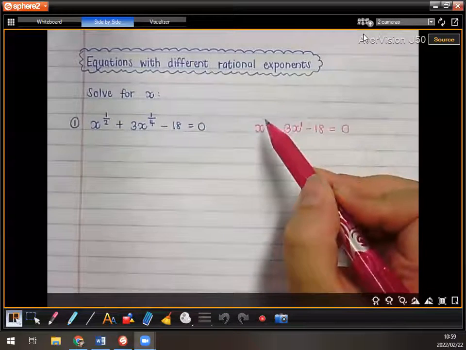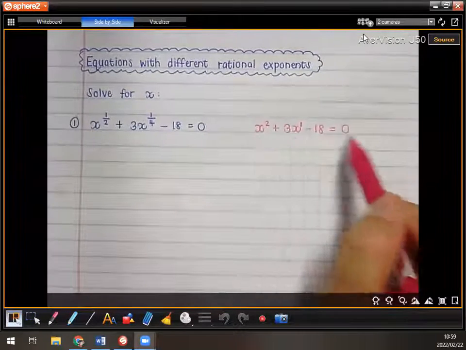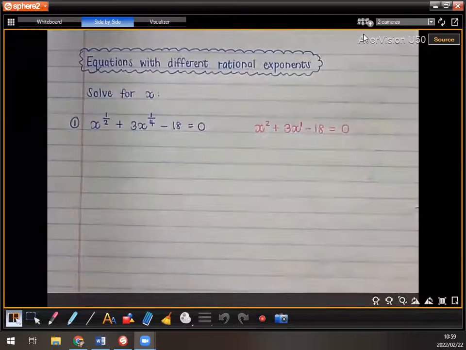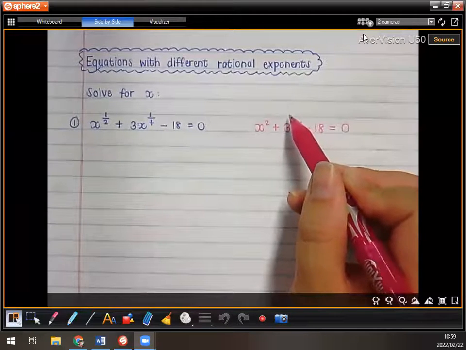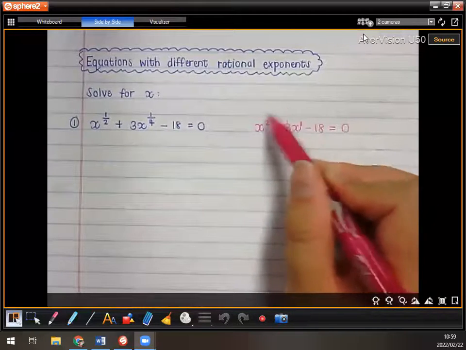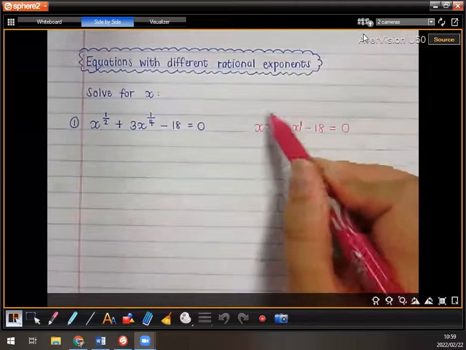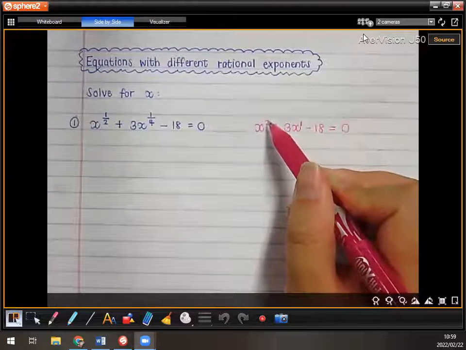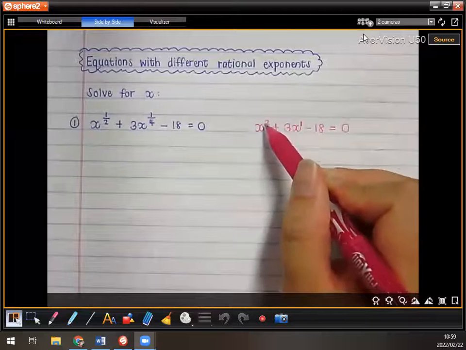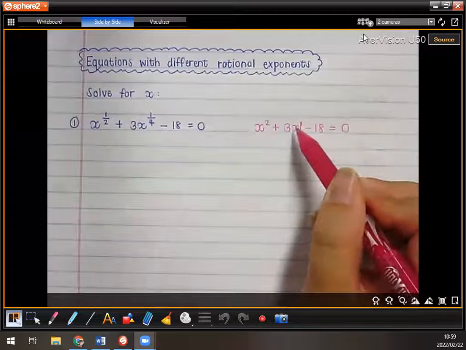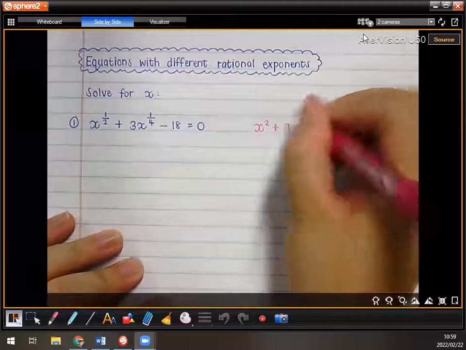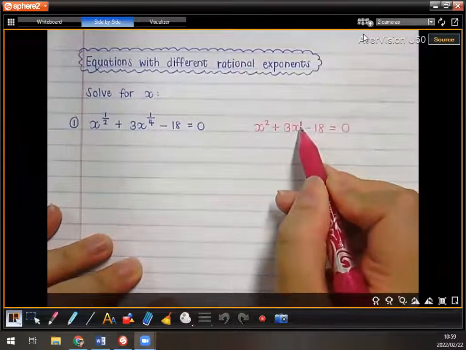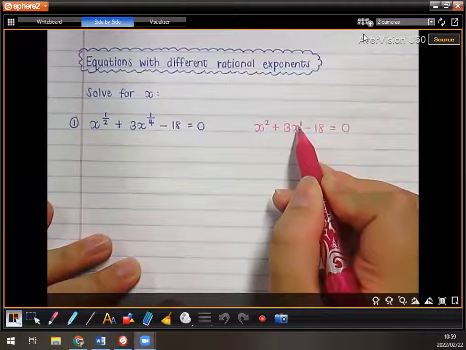So what I want you to notice is that in a trinomial, if it's one that you can solve either with a quadratic formula or by factorizing, there will always be a 2-to-1 ratio in these exponents, right? The first term has an exponent of 2, the x, I mean. And then the second term, the x has an exponent of 1. This exponent is double the exponent of the middle term.